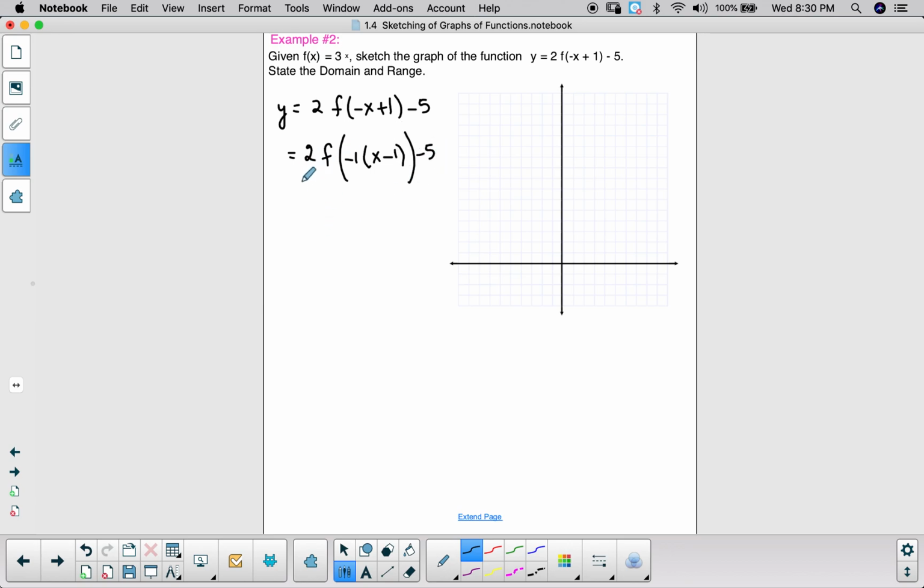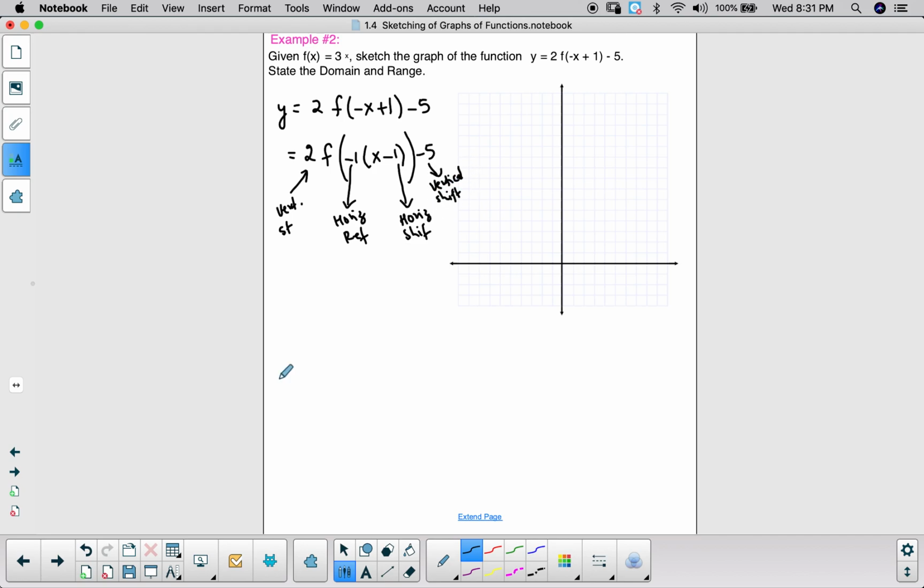And now you can clearly see the a value, the k value, the d value, and the c value. All right, so this is your vertical stretch. This is your horizontal reflection, because it's a reflection in the y-axis. This is your horizontal shift, and that's your vertical shift.